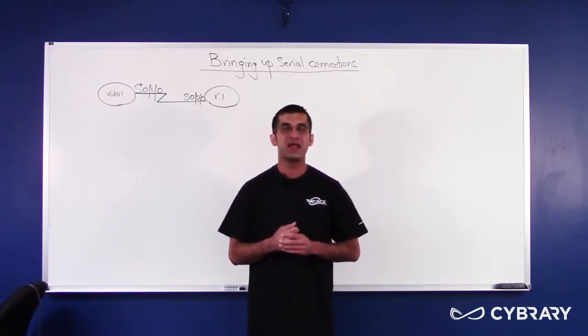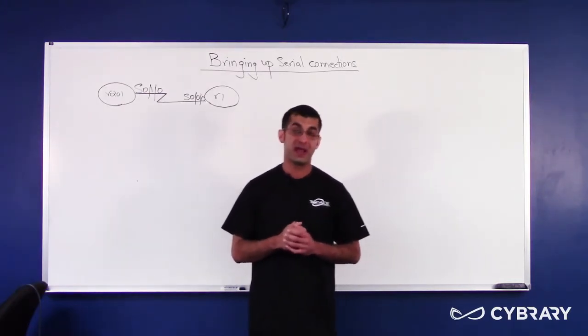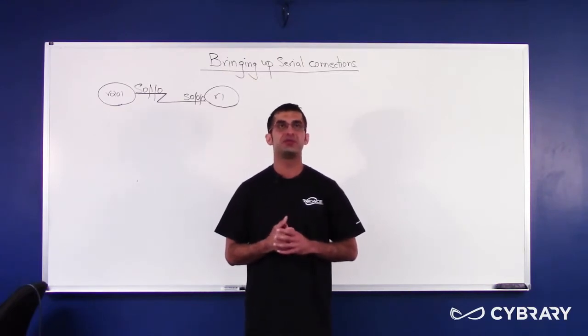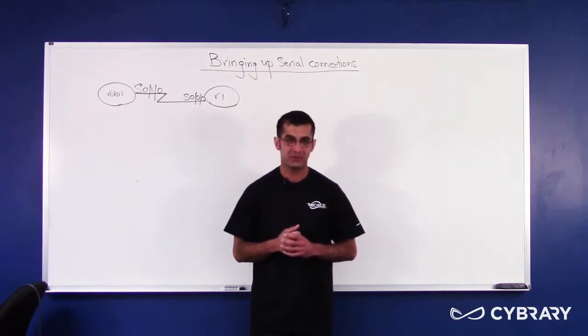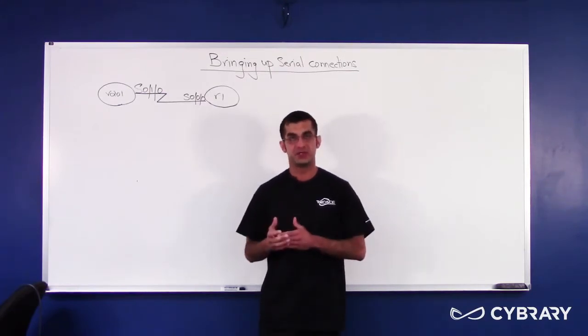A DCE device is the device that provides clocking. A router, on the other hand, is considered a DTE device, or a data terminating equipment device. Now, the CSU-DSU provides clocking for the router, which is the physical bit transfer rate between the CSU-DSU and the router.